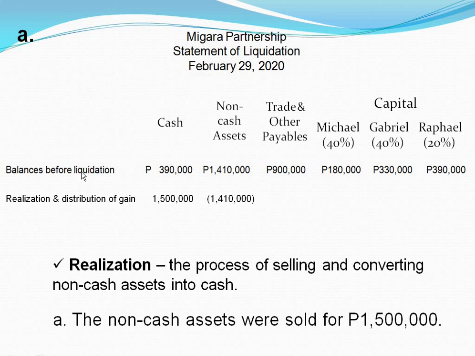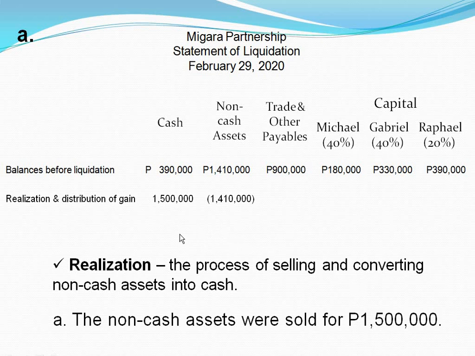Please remember that for every row, the total assets must always equal the total liabilities and partners' equity, just like in the financial transaction worksheet.